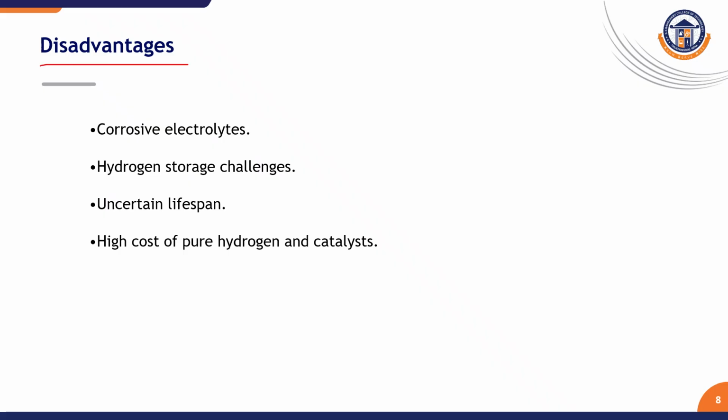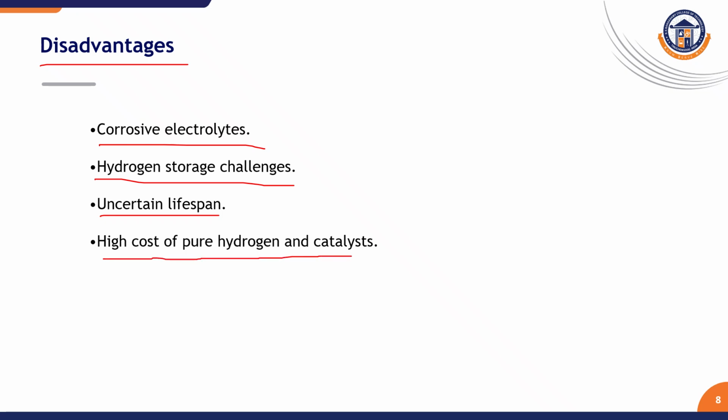Then we move on to the disadvantages of this reaction. Corrosive electrolytes, which means the electrolyte may be corroded. Then hydrogen storage challenges: how do we have to store this hydrogen? This is a challenge. Then uncertain lifespan, and high cost of pure hydrogen and catalyst.